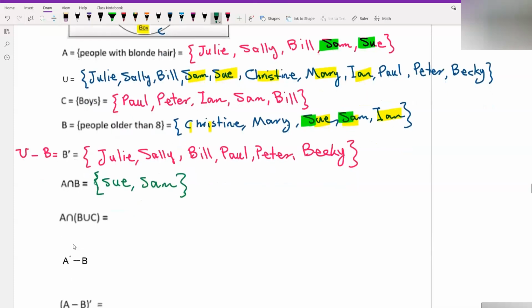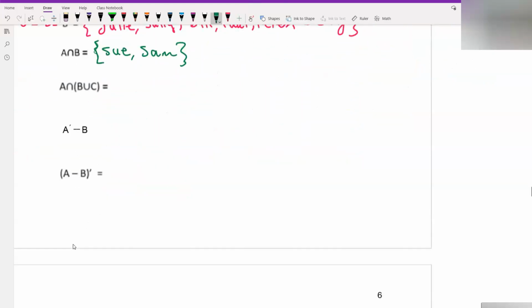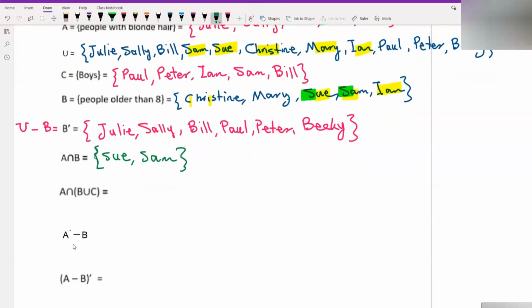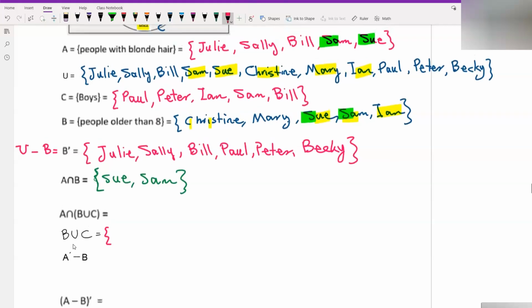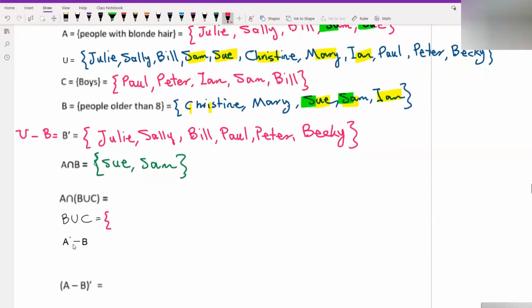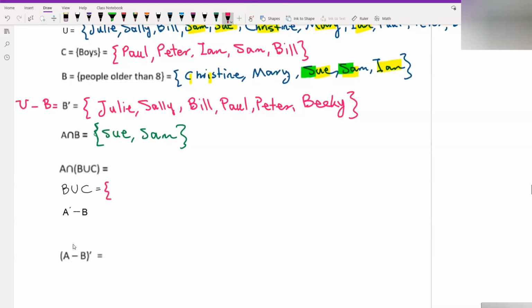Next one is A intersection B union C. So first we have to find B union C. I'm going to write that one first. And this way it's easier to find the answer. B union C, we have to combine all these names that we have in these two sets.